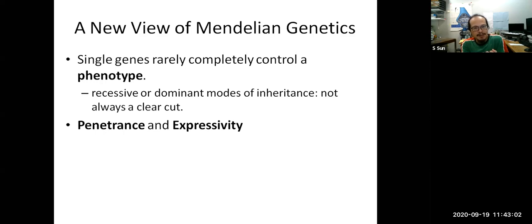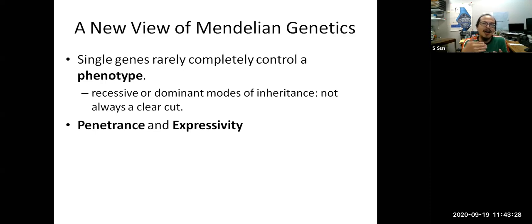For example, this leads to two concepts called penetrance and expressivity. Penetrance means how far this gene will affect its offspring.